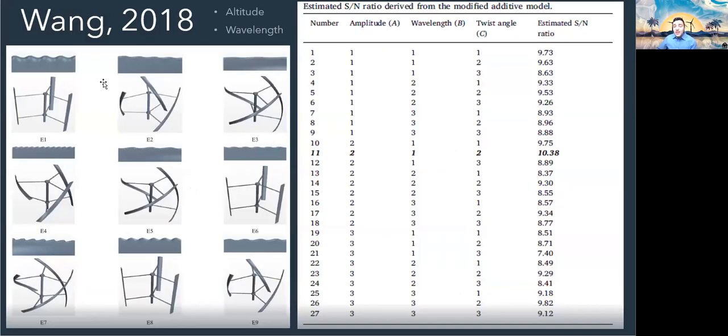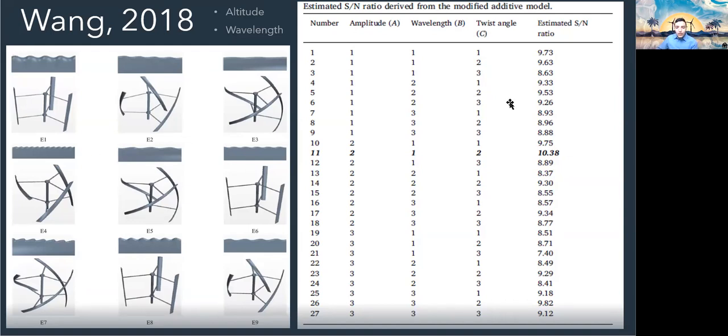This is another study. This is very important to me because the seriation, which is the bio-inspired aspect of my study, was used. So you can see there's different altitudes and wavelengths. Altitudes are the length between the bottom and the top area of the seriation. And the wavelength is the length between the top part of the hill, I can call it, to the second one.